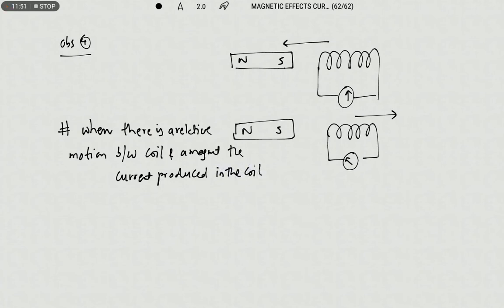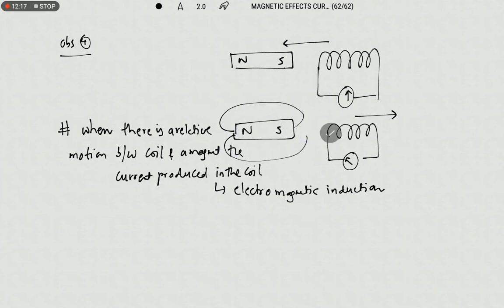Okay, right. So this phenomenon is known as electromagnetic induction. In simple words, due to change in the magnetic flux linked with the coil. Here this magnet is associated with some magnetic field. The magnetic field lines passing through a unit area are called magnetic flux.